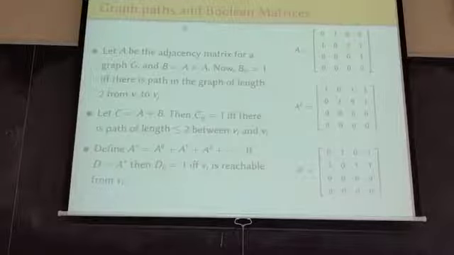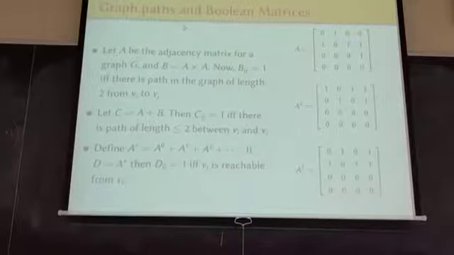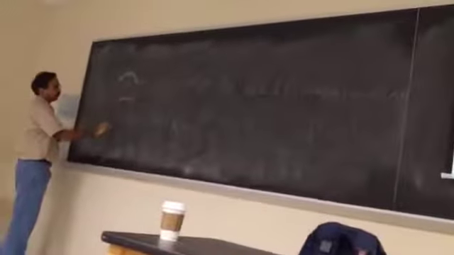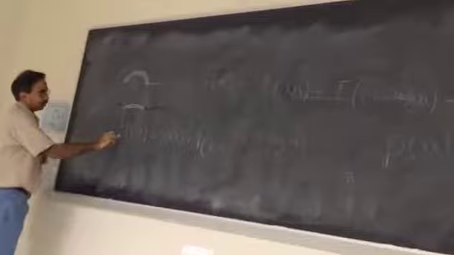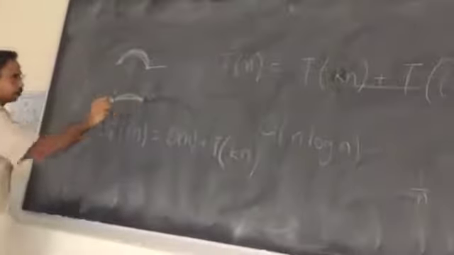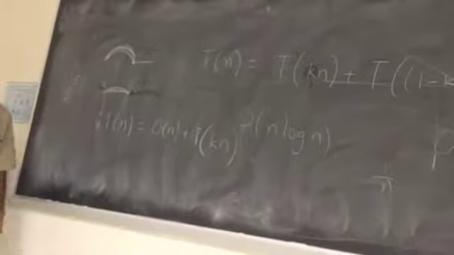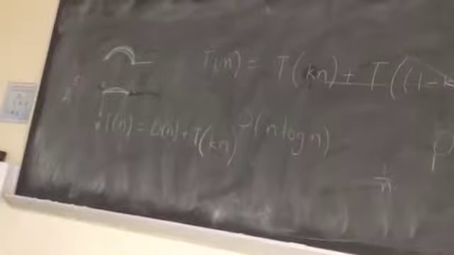So U, V, W: according to the matrix, there is a path of length 5 from U to W, which involves going back and forth between U and V 4 times and coming to W. But this is not a path that we would be particularly interested in, and this is why you cannot use a matrix formulation to solve certain problems. Like, for instance, if I say, tell me whether there is a path of length 5 between U and W, well, you can't just compute A to the power 5 and check that.